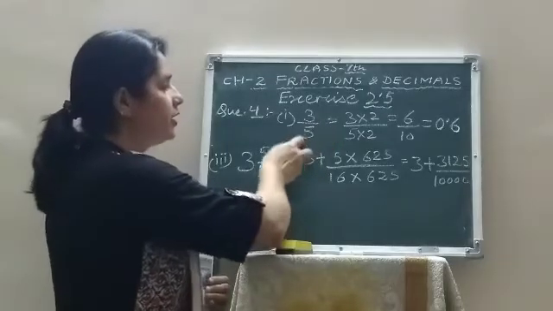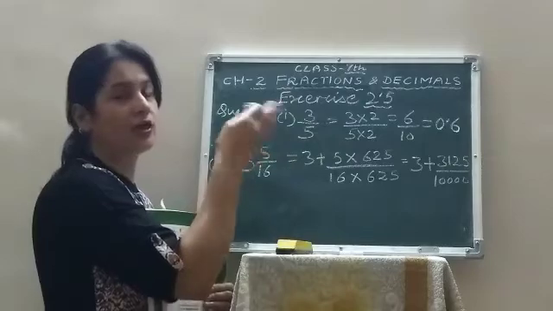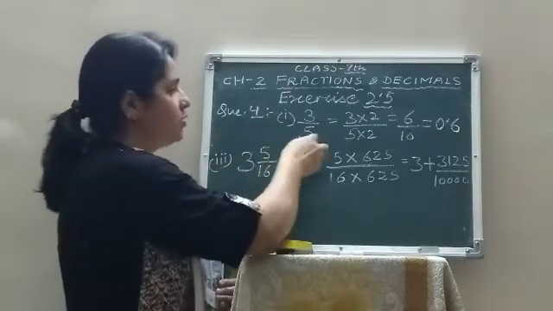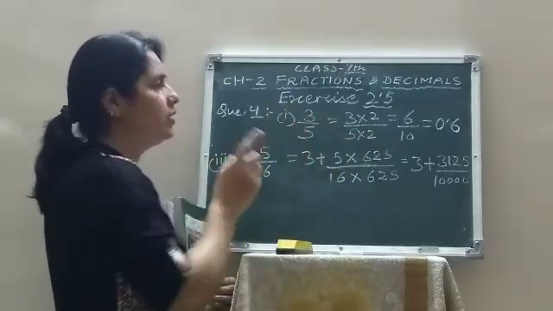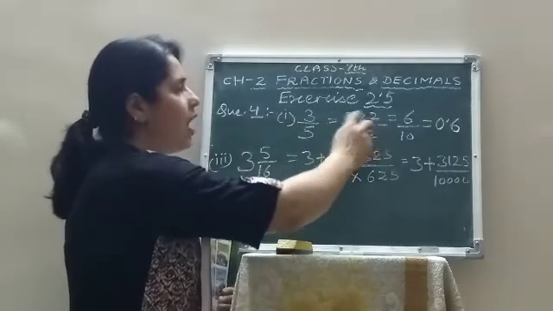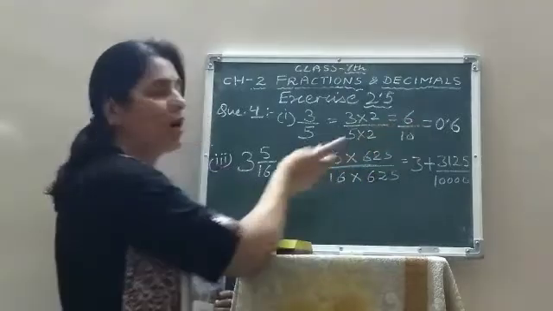So you have to think which number you will multiply 5 by to get 10 or the nearest power of 10. Obviously you know 5 2s are 10. So you will multiply the numerator by the same number: 3 multiplied by 2 upon 5 multiplied by 2. So it becomes 6 upon 10.